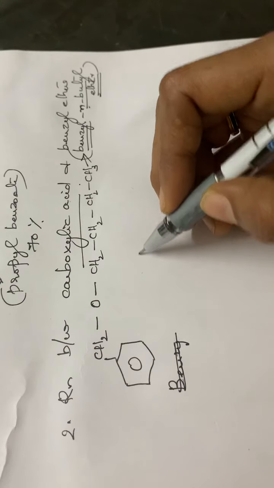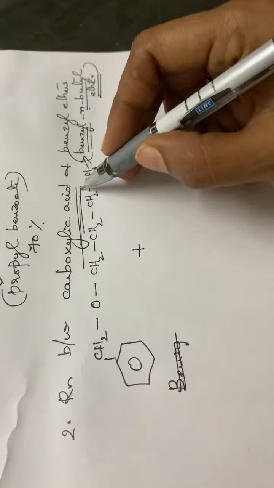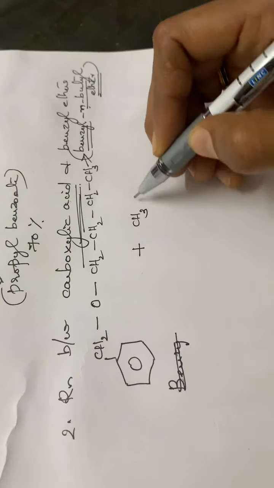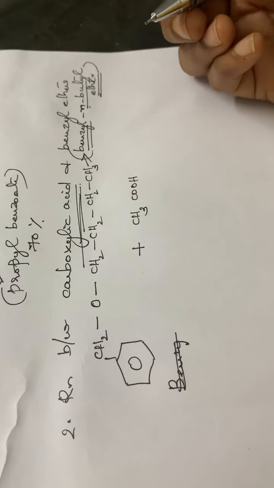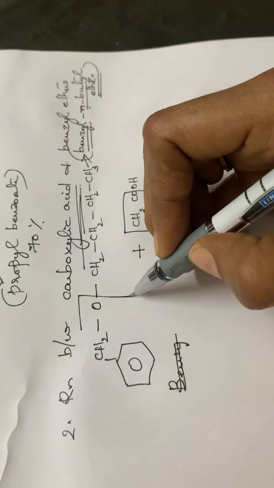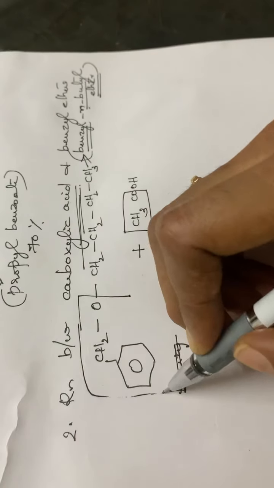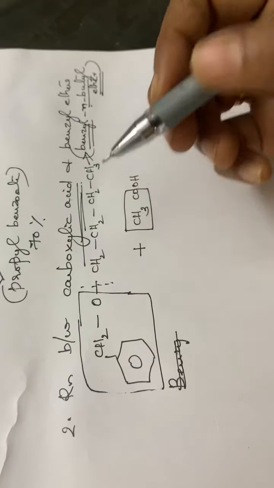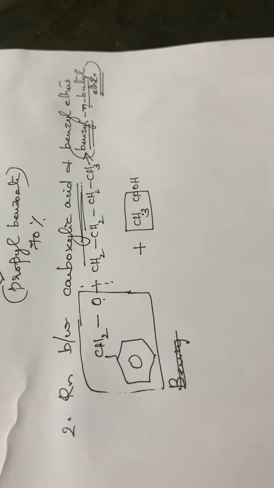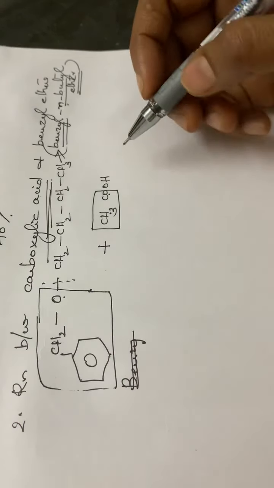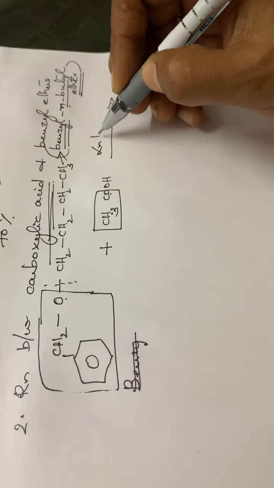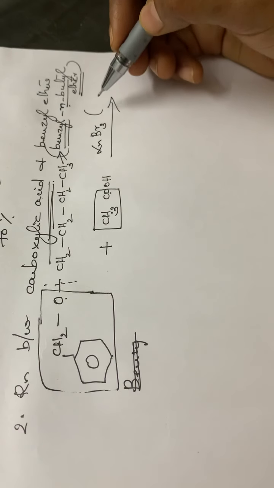This benzyl n-butyl ether reacts with a carboxylic acid, here acetic acid, CH3COOH. What happens is that the CH3CO group joins at the ether portion, the bond is broken here, and we get C6H5CH2OCOCH3. Therefore we get an ester, isn't it? The solvent used is lanthanum bromide, LnBr3.